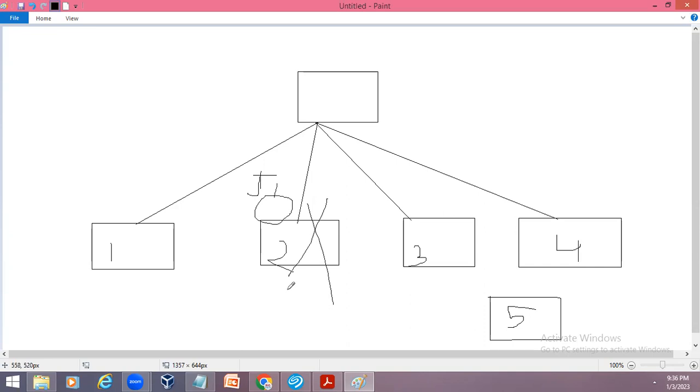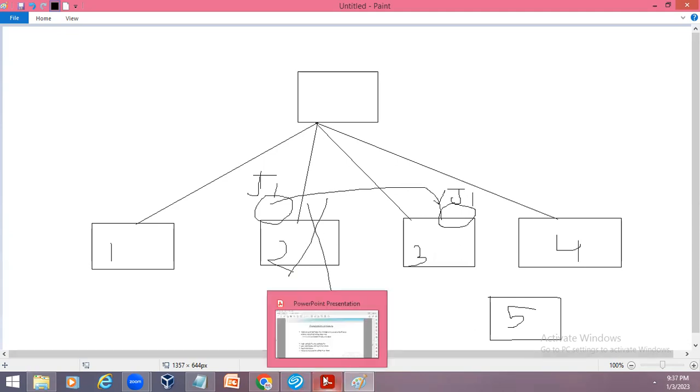It will do it on other nodes. Absolutely. My system should be smart enough that this job will move to another node. So now my job J1 will start running on node 3. That sort of fault tolerance my system should have. Clear on this? Cool.